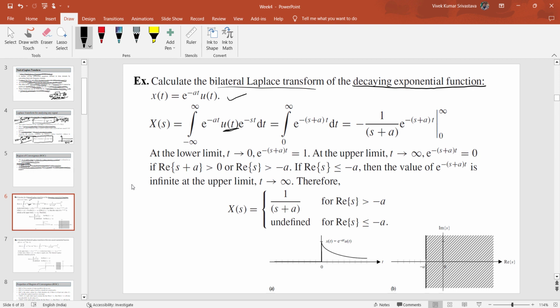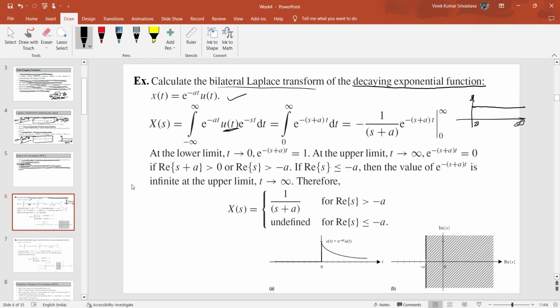As we know, u of t, the unit step signal, starts from 0 and goes till infinity. So we take the limits from 0 to infinity of e raised to the power minus (s plus a) t dt.